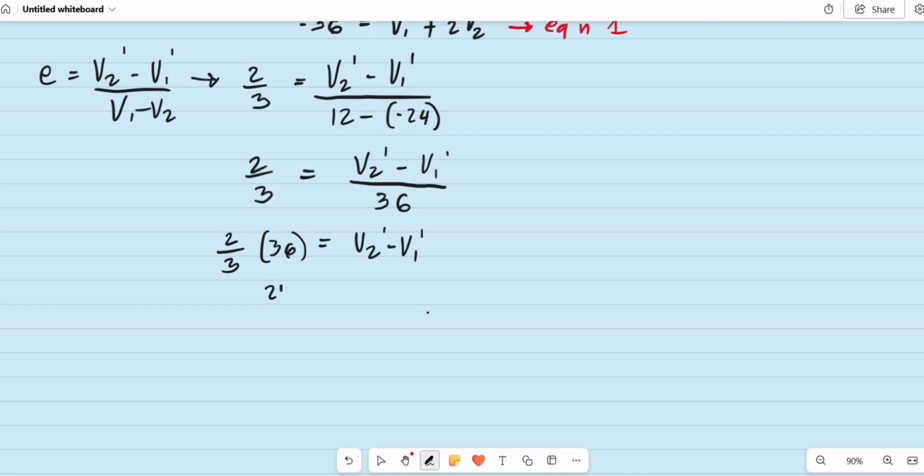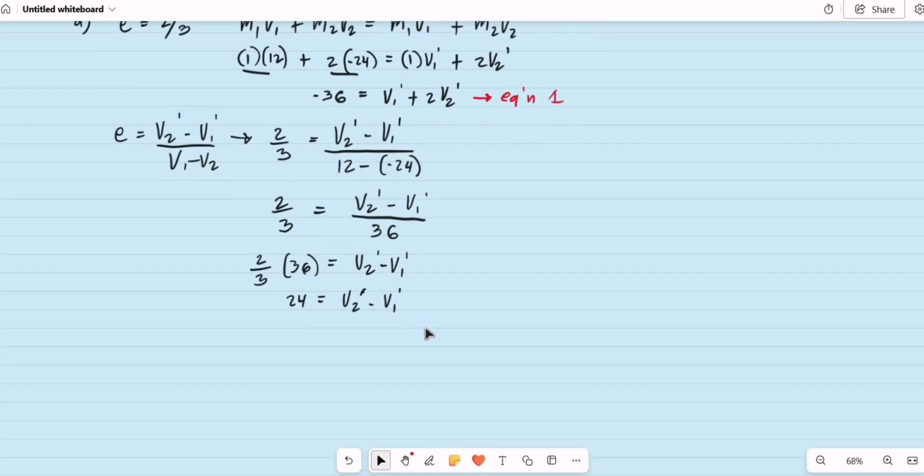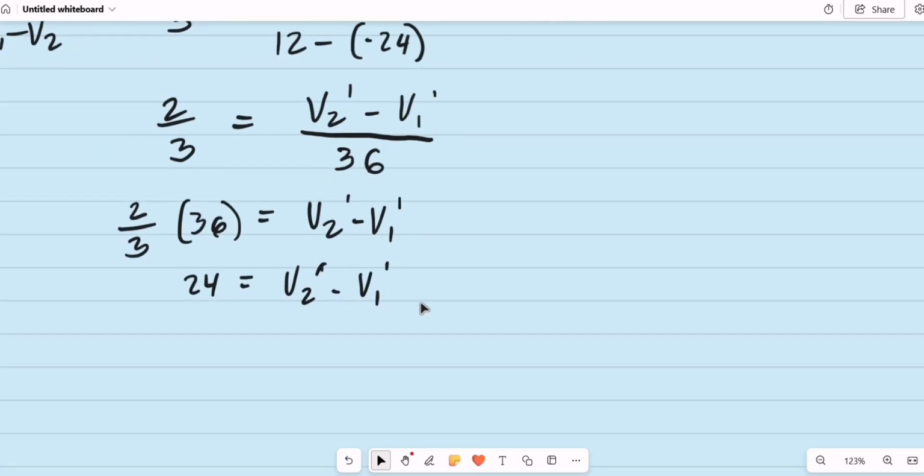So 24 equals v2 prime minus v1 prime. We may just do substitution, or you may do the equations in two unknowns. I'll be using substitution, transposing v1 prime to the other side. So 24 plus v1 prime equals v2 prime.